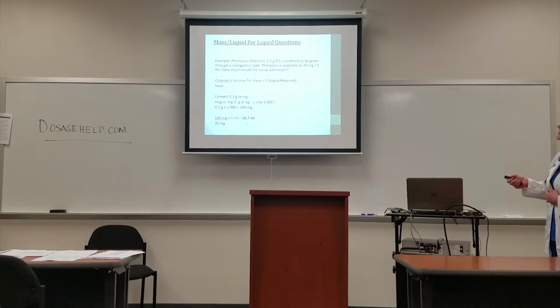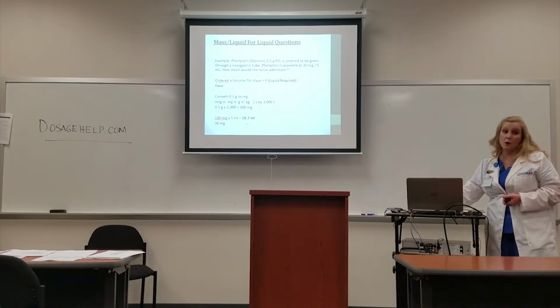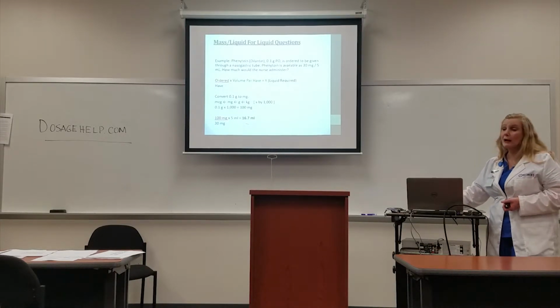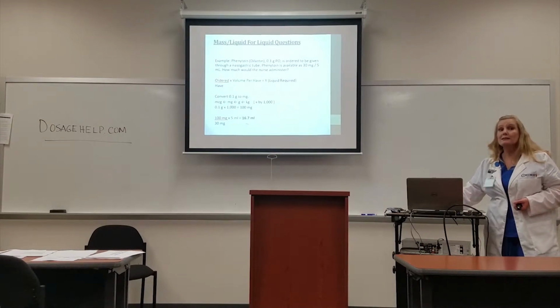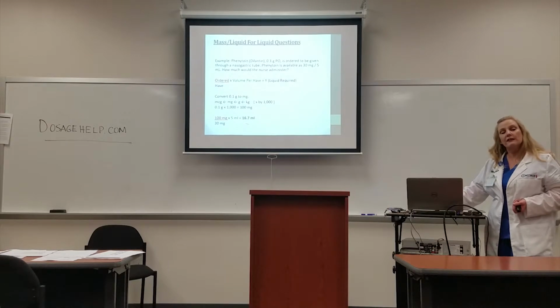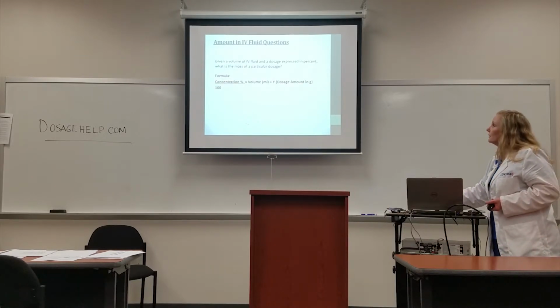Here it says mLs, and that's how my answer should be. Remember, if you don't do that, you're going to get marked wrong. You may have everything correct, but if you miss a step, you're going to get it incorrect. Our professors here at Concord are very thorough, and we like to see your work.